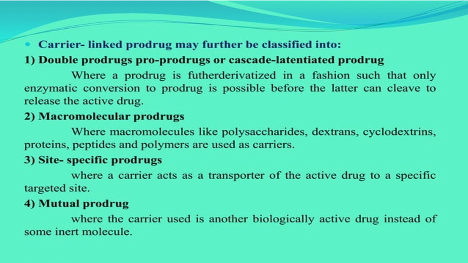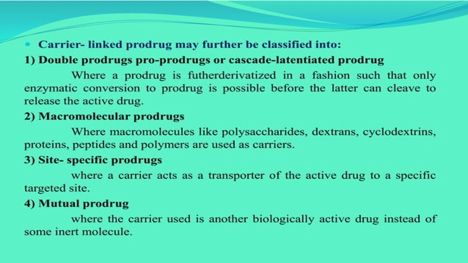The meaning of the word macromolecular prodrug is where macromolecules like polysaccharides, dextrans, cyclodextrins, proteins, peptides and polymers are used as a carrier. In this case, macromolecules having big structures, big sugar molecules like dextrans, cyclodextrins, peptides, proteins and polymers are used as a carrier molecule.